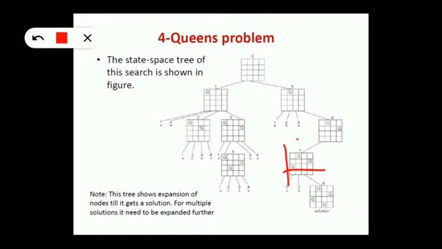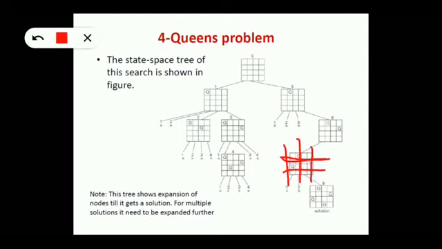Similarly, as queen 1 is on the second column of the first row, you cannot make use of the entire second column nor the first row. And similarly, as queen 2 is at the location 2, 4, you cannot make use of the fourth column and the second row, and you cannot make use of the diagonals.